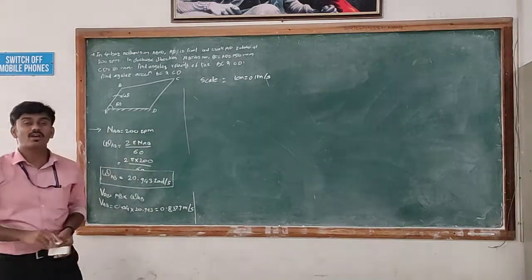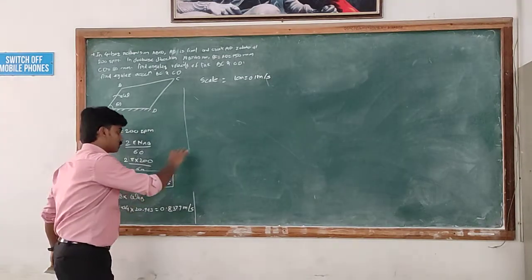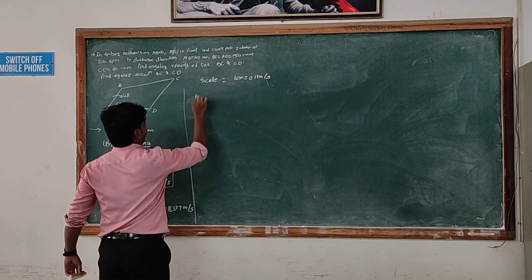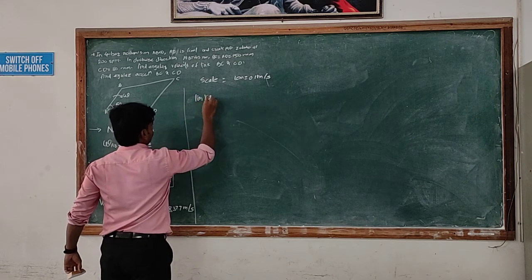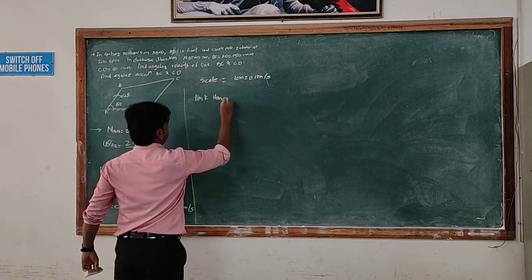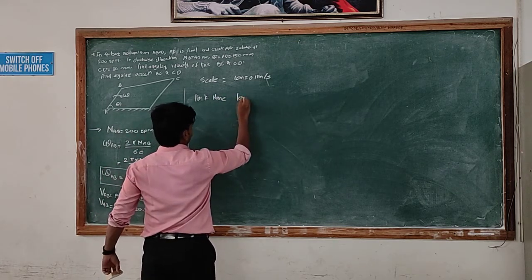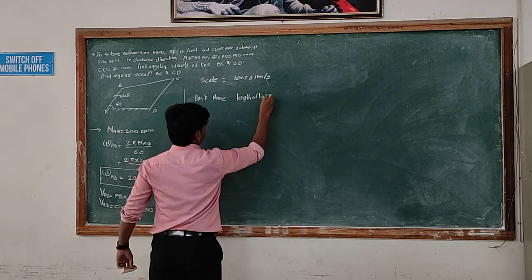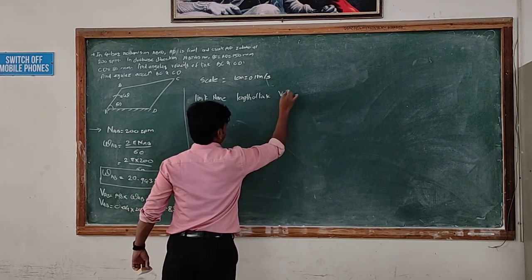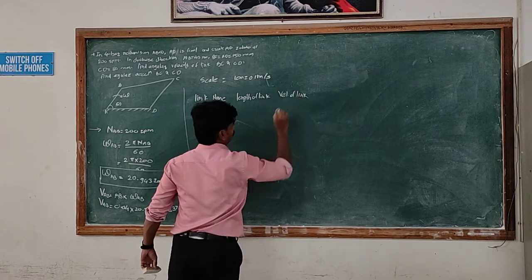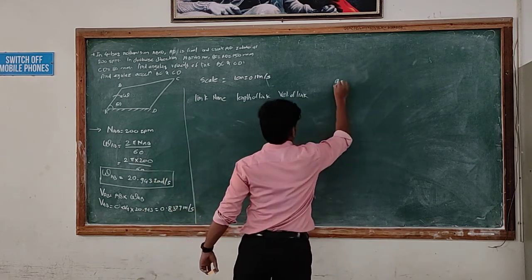For this purpose we have to make one table. The table should have the link name, length of the link, velocity of link, then acceleration.